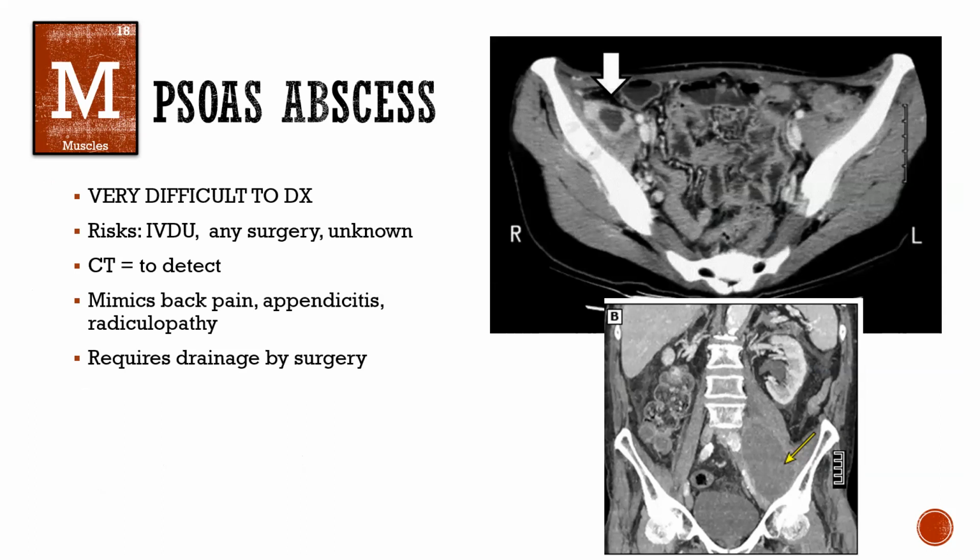And sometimes we have people who just get them spontaneously who are otherwise healthy. This is something that will usually be identified in a CT, and it can mimic things like back pain, kidney stones, appendicitis, or even radiculopathy. Remember that just like any other abscess, it requires I&D, which means that they probably need surgery to relieve the problem.